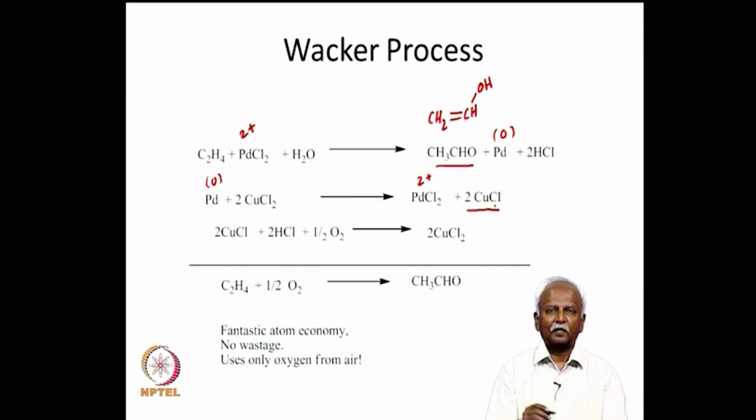In turn, it gets converted to cuprous chloride, and cuprous chloride is oxidized in a very fast step in aqueous solution with oxygen to cupric chloride. So, this is a combination of two catalytic cycles, one in which oxygen oxidizes the copper 1 to copper 2, and the copper 2 in turn oxidizes the palladium 0 to palladium 2.